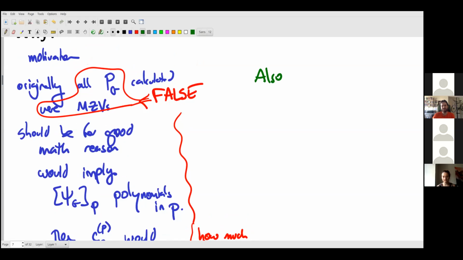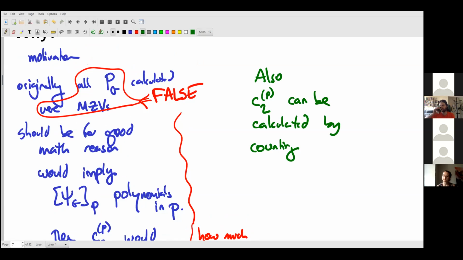So also, the C2 can be calculated by counting partitions of the edges of G, well, not quite of G, I have to deal with a few edges especially, but basically of G, into, well, what do I really need to do?